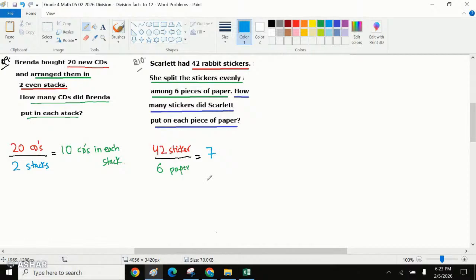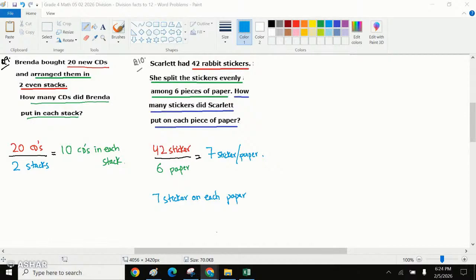Or we can say each paper had 7 stickers on each paper. Agreed? So we can write sticker per, which means in or on, per paper. Agreed? Thank you, May. Thank you, Mai.